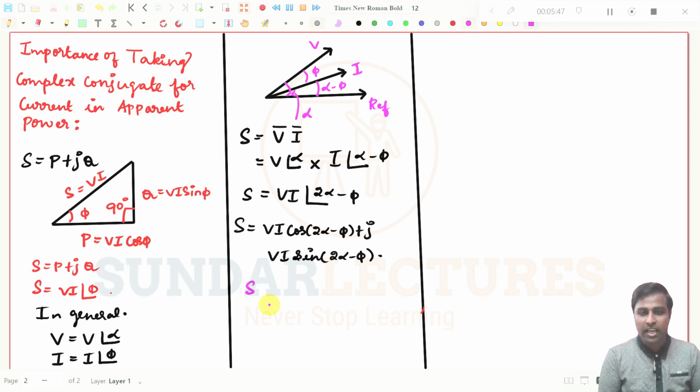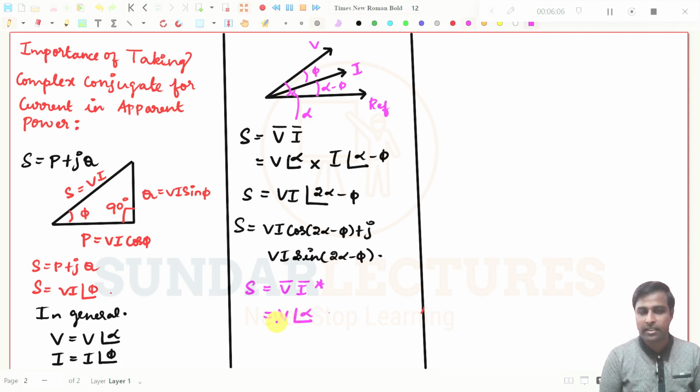Let us take S, which is equal to V bar I bar star. Now we have to take the complex conjugate, right? So what is V here? V here will be V at an angle of alpha.